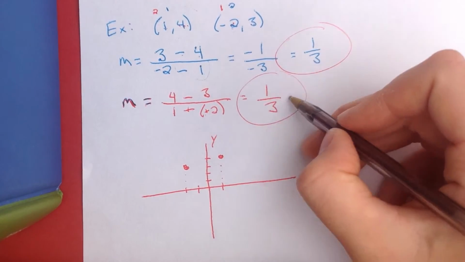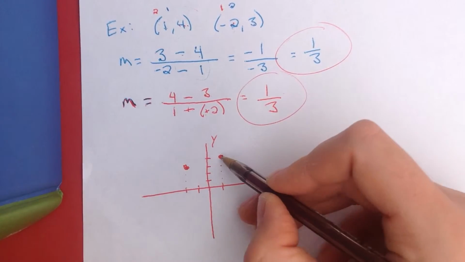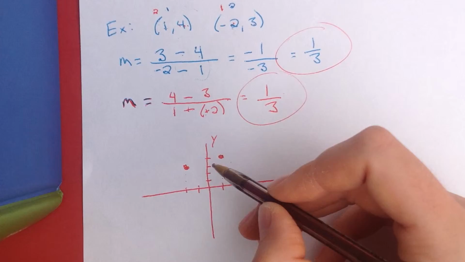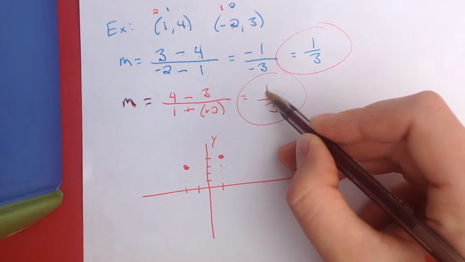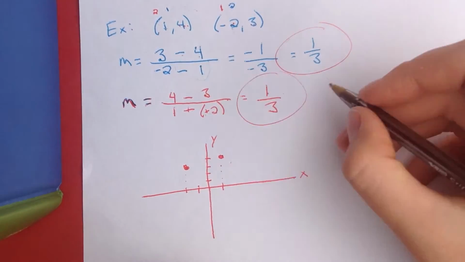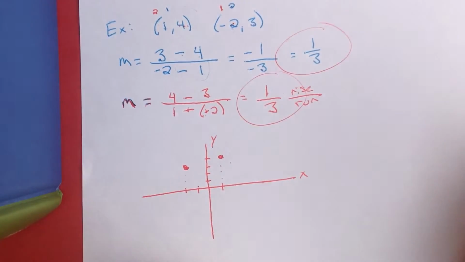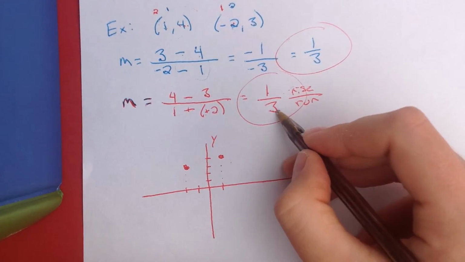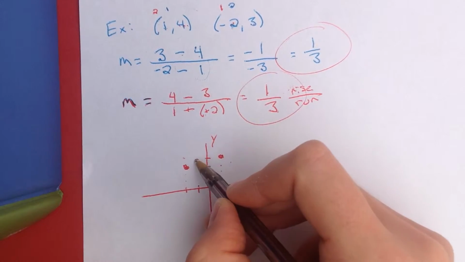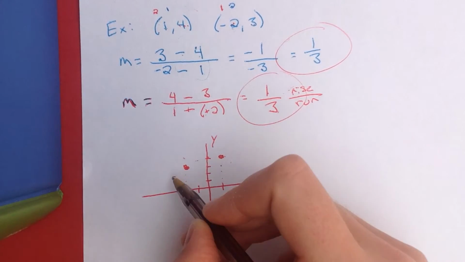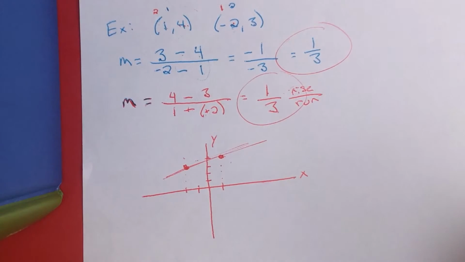So what this means on a graph is that to go from this point to this point, from left to right, I go up 1, because this is my rise, over my run. So up 1 over 3, up 1 over 3. And they'd produce a line in between the two.